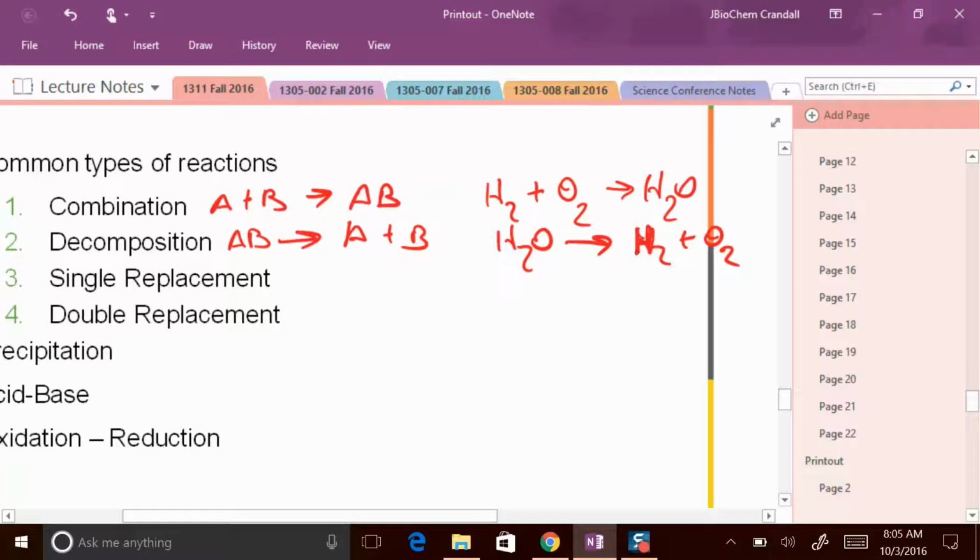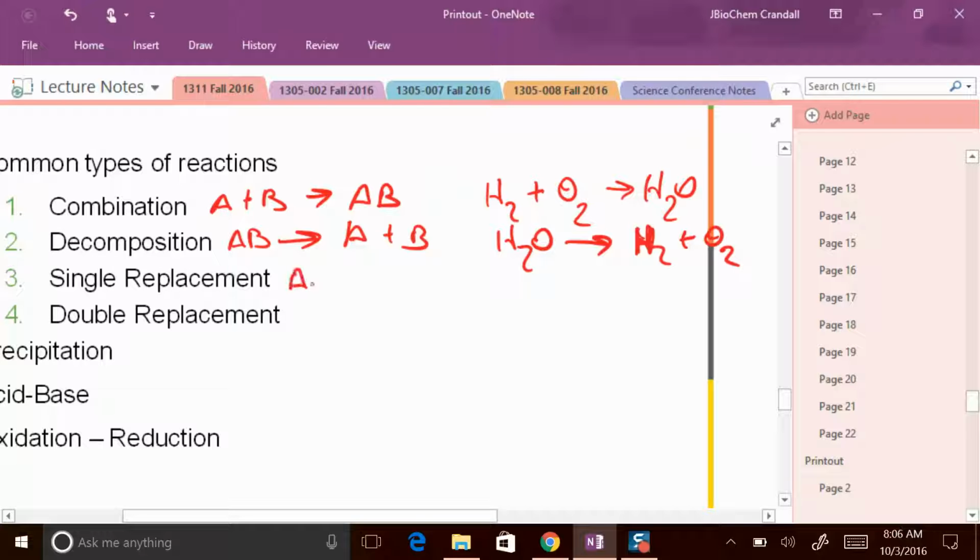Single replacement and double replacement, those are mostly identified with, not always, but for the most part, reactions having to do with ionic metals or compounds. So for example, you have copper. It's solid copper plus, right here, let me just write it in AB terms.